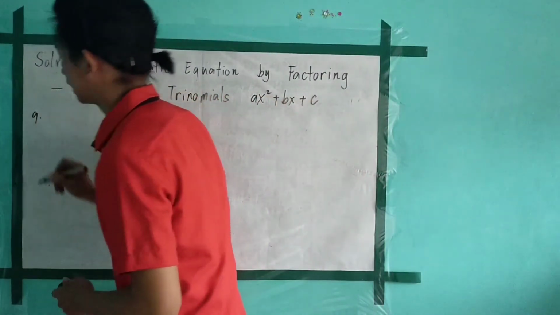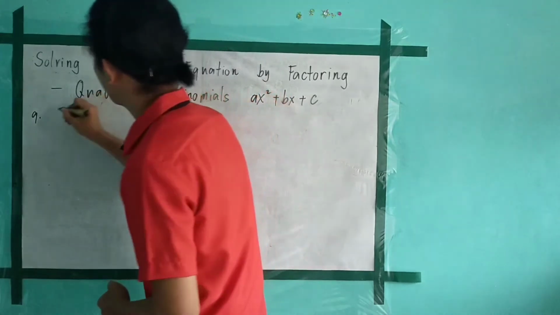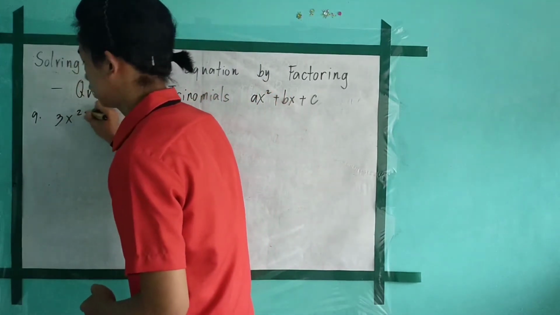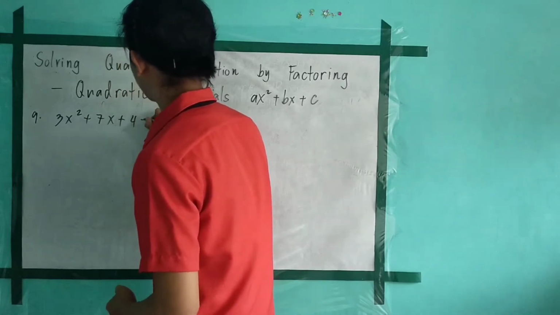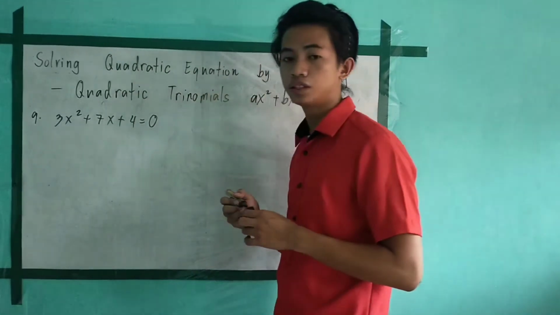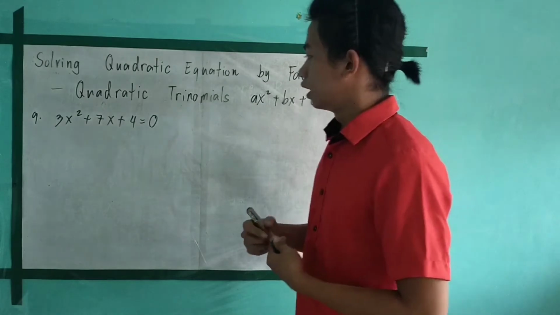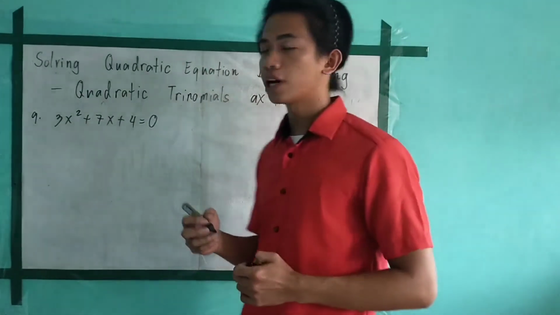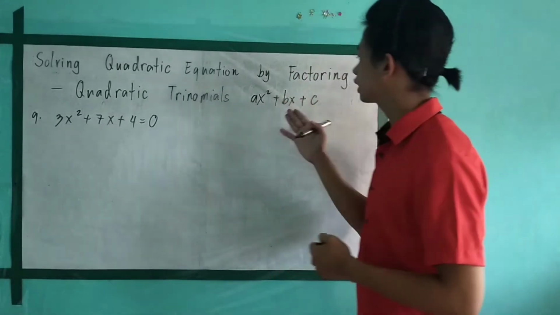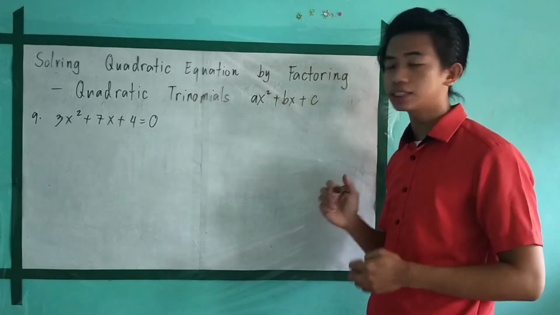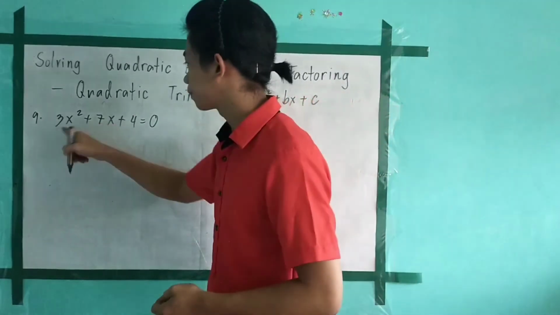Problem number 9. Let's say we have 3x squared plus 7x plus 4 is equal to 0. Okay? So, para mas mapabili ang pag-factors ng quadratic trinomial in the form ax squared plus bx plus c, ganito lang.